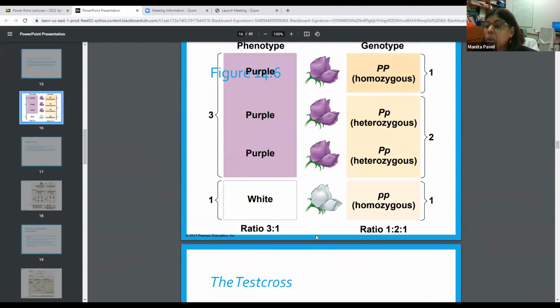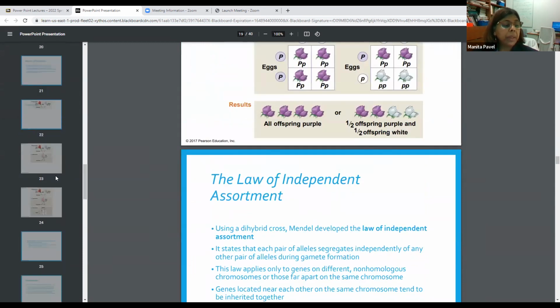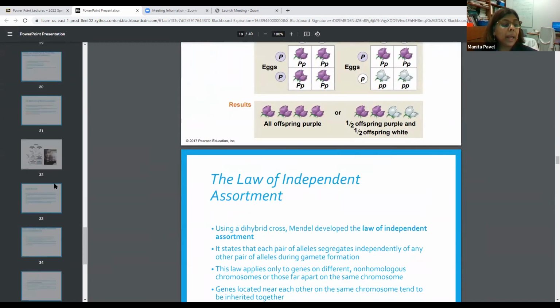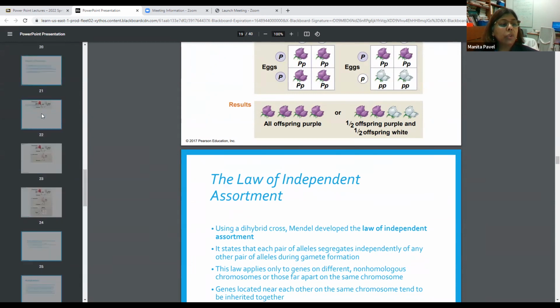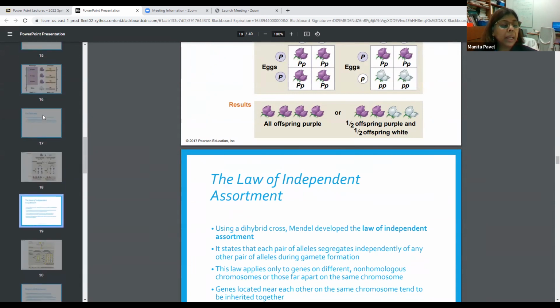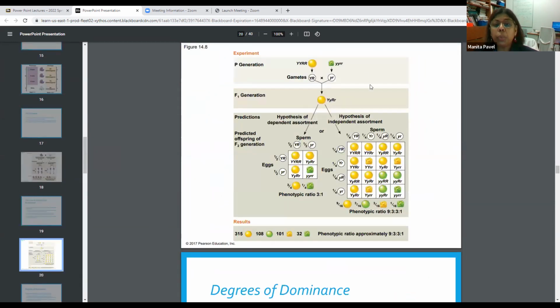Opposite of a monohybrid cross is what we call a dihybrid cross. So dihybrid is when two pairs of contrasting traits are studied. For example, yellow versus green, the color of the pea, and round versus wrinkled, the texture. So two pairs, 1, 2, 3, 4. 4 times 4, you'll get 16.